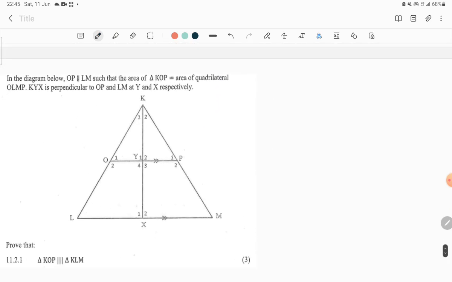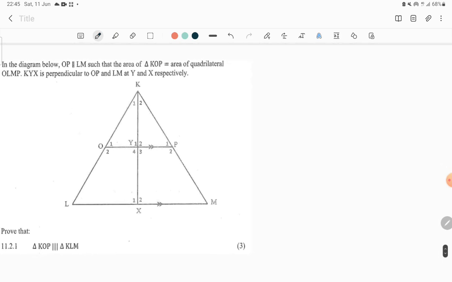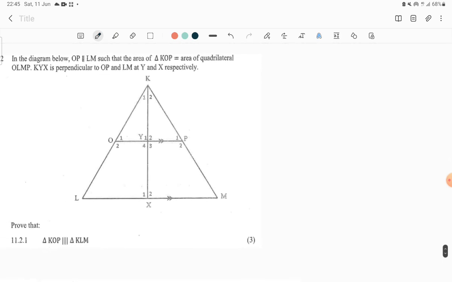Now, for this one, you will remember that there is an area that was given, the area of triangle KOP, which is this one, that they said is equal to the area of the quadrilateral OLMP, which is this quadrilateral.